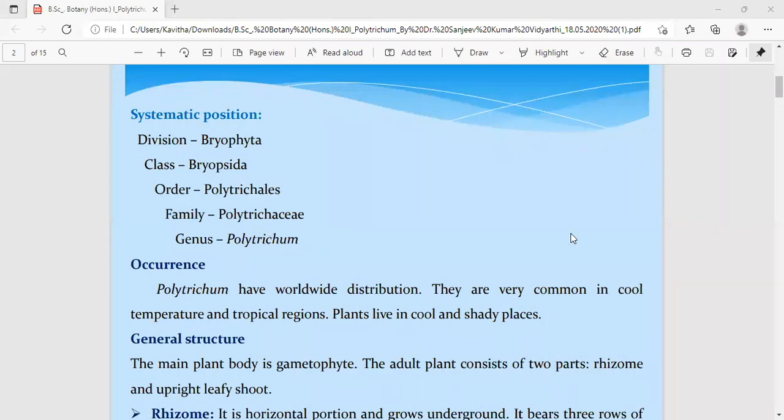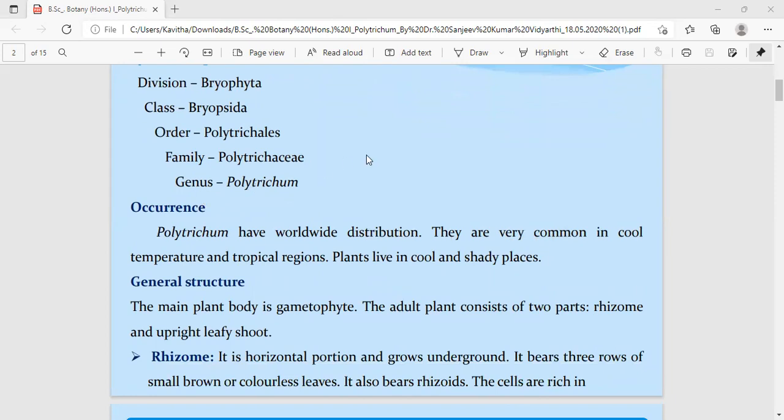And here, just remember, this class Bryopsida is the advanced class of the Bryophytes. That is, all the advanced forms, which have a more complex structure when compared to Anthoceros and Marchantia. You can observe this in Polytrichum.